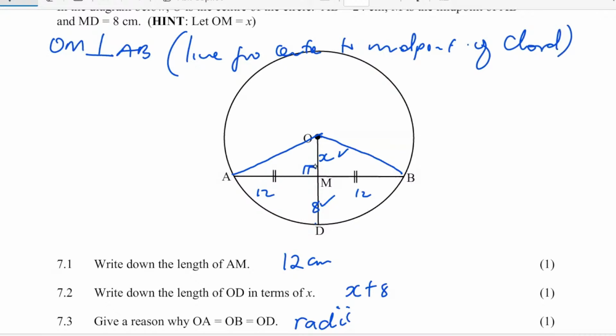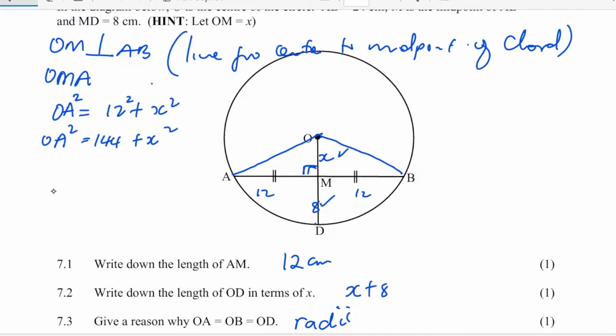So if that's 90, let's use Pythagoras to focus on OMA. So our OA squared is going to be 144 plus X squared. But we said OA is the same as OD. So OD is going to be X plus 8.